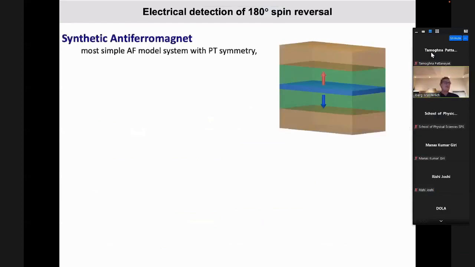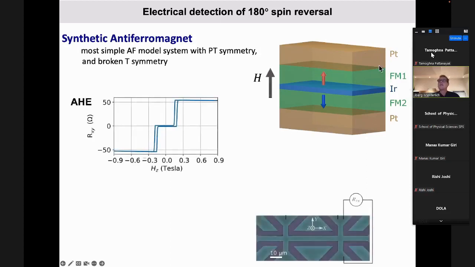So let's start with the simplest antiferromagnet with PT symmetry. And this is just a synthetic antiferromagnet where we have two ferromagnetic layers which are antiferromagnetically coupled over this iridium layer here. And on top of it, they have platinum on both sides. So this has a PT symmetry.